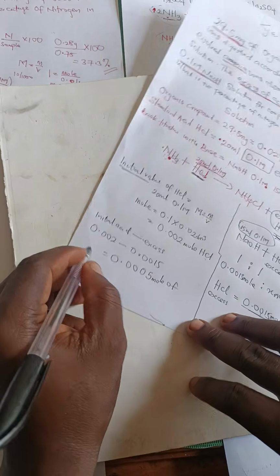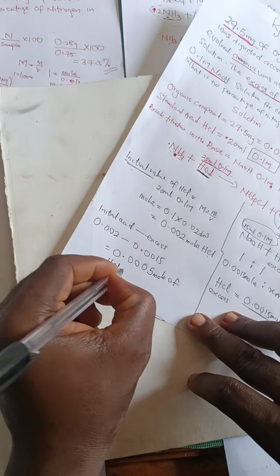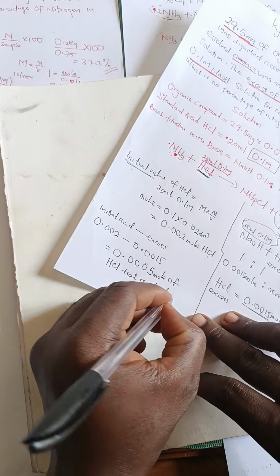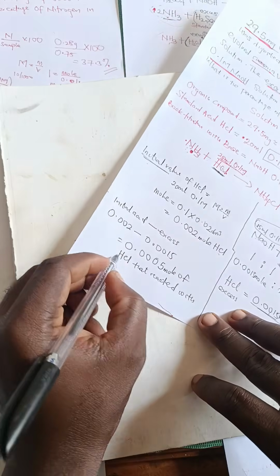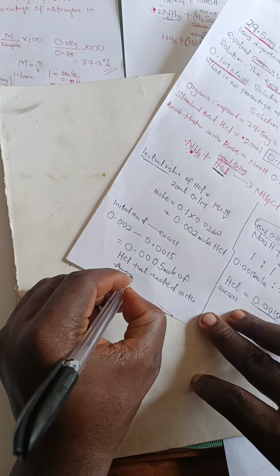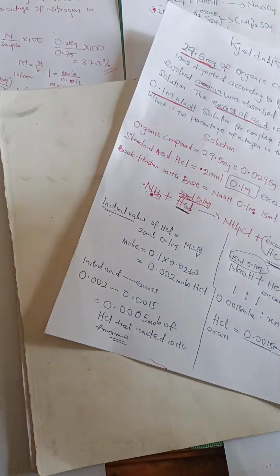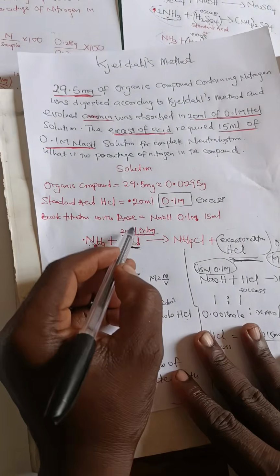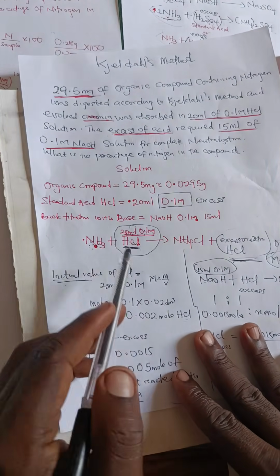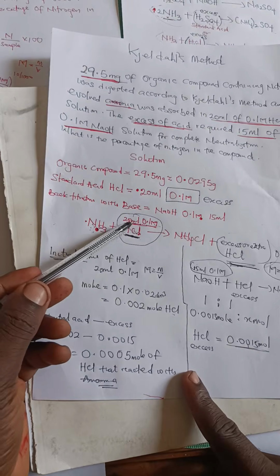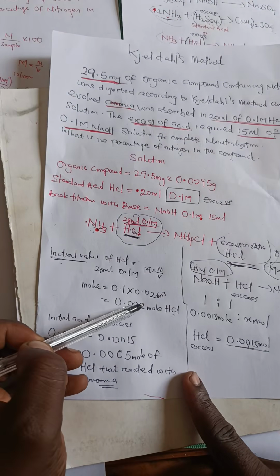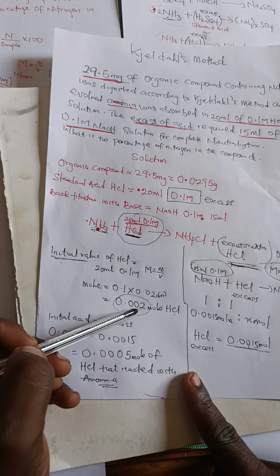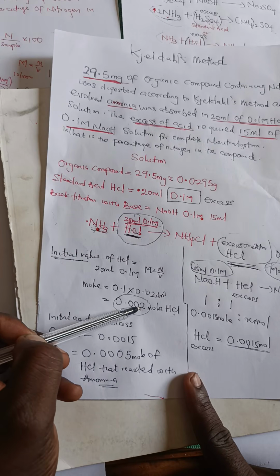The mole of HCl that reacted with ammonia. Now see the stress this question gave us. The stress this question gave us is that this value is in excess. You can say that this value gave me 0.002 mole, but I can't use this 0.002 mole to look for ammonia because this value is in excess.